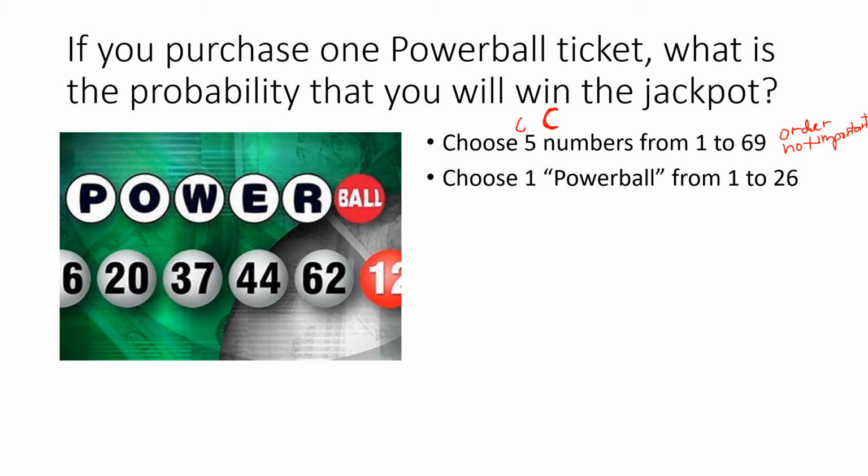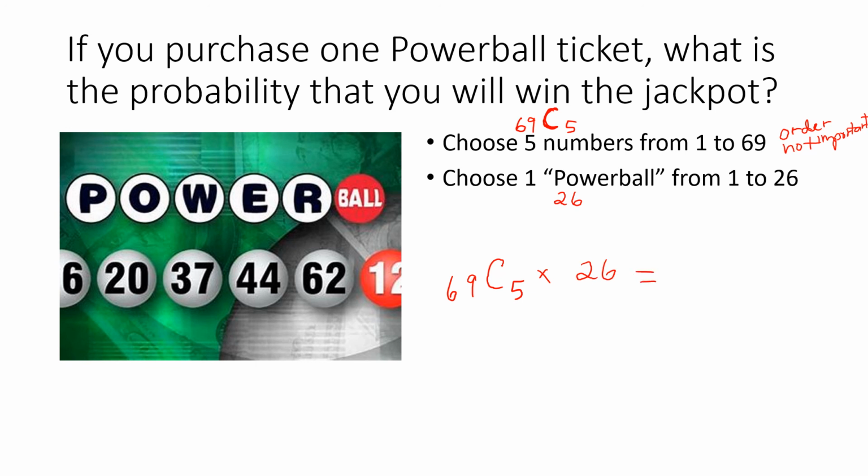I've got 69 possible numbers and I'm choosing 5 of them. And then I also am going to do a second choice. I'm going to be choosing the Powerball, which there are 26 possibilities for. So using the multiplication principle, I'm going to have 69 choose 5 times 26.